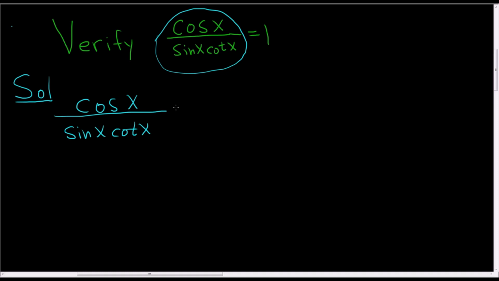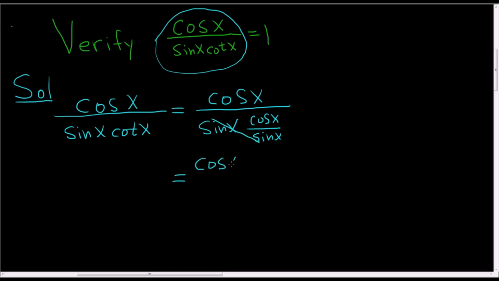Cotangent is cosine over sine, so this is equal to cosine x over sine x, and cotangent is cosine x over sine x. You can see these cancel, so you end up with cosine x over cosine x, and that is equal to 1. And that is exactly what we have on the right-hand side.